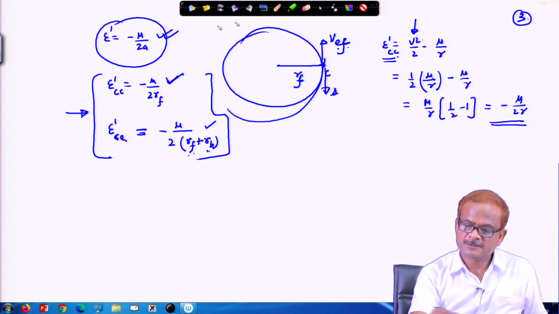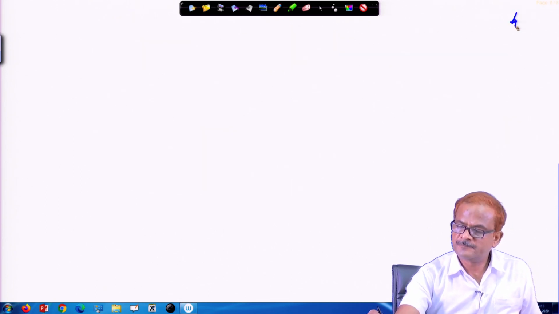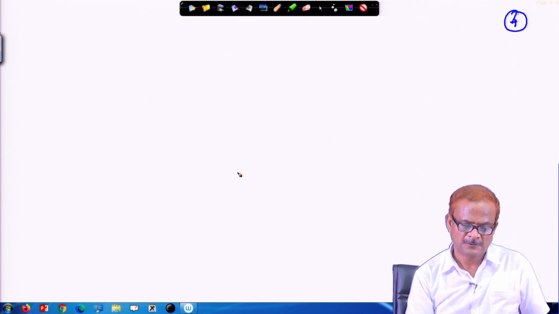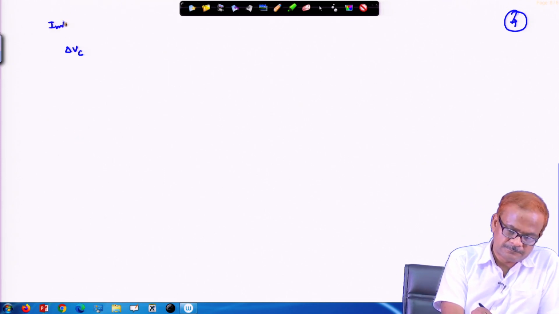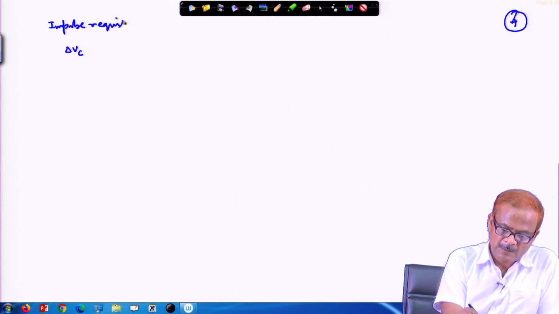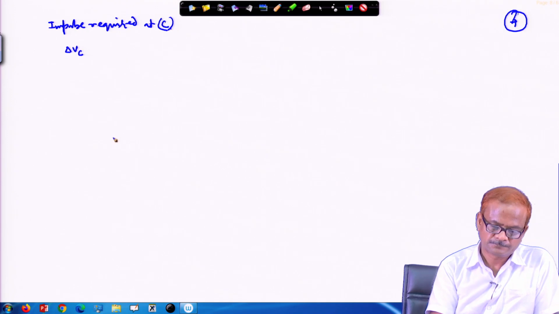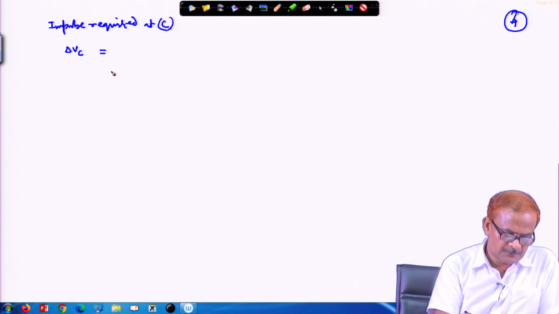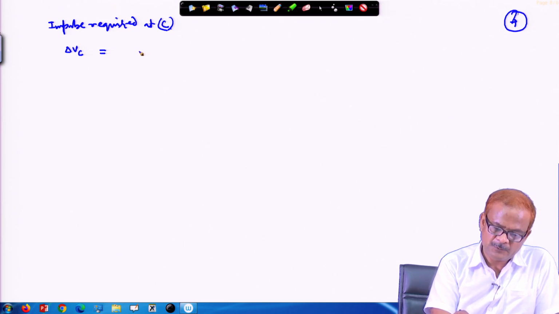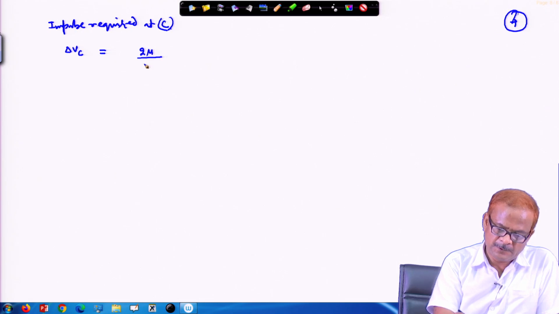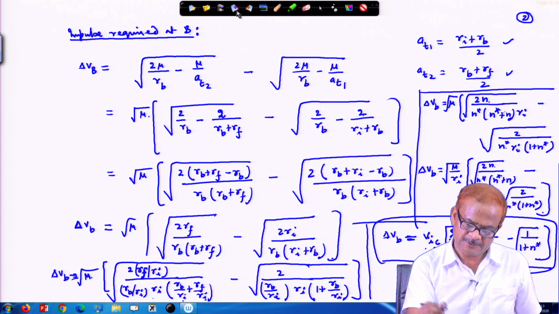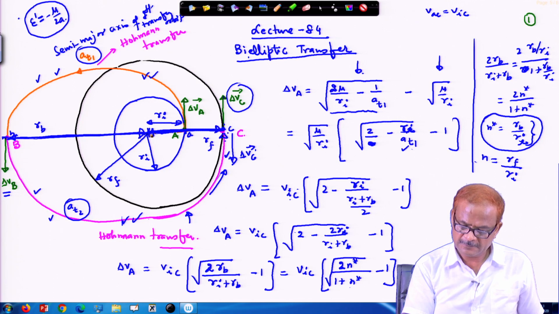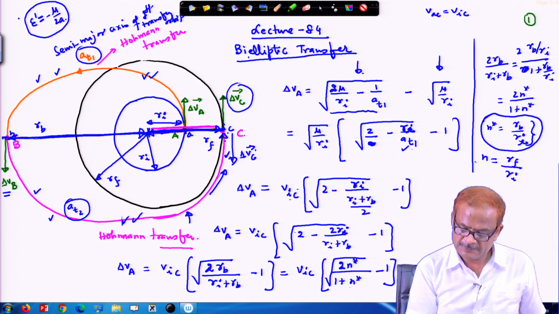Following the notation we used earlier, the same notation we can work for the impulse required at C. So, delta V C, the impulse required: the final velocity at point C in the elliptic orbit, square root of 2 mu by R. For this we need R F, we have used this notation at this point, from this point to this point, this distance we have to take.